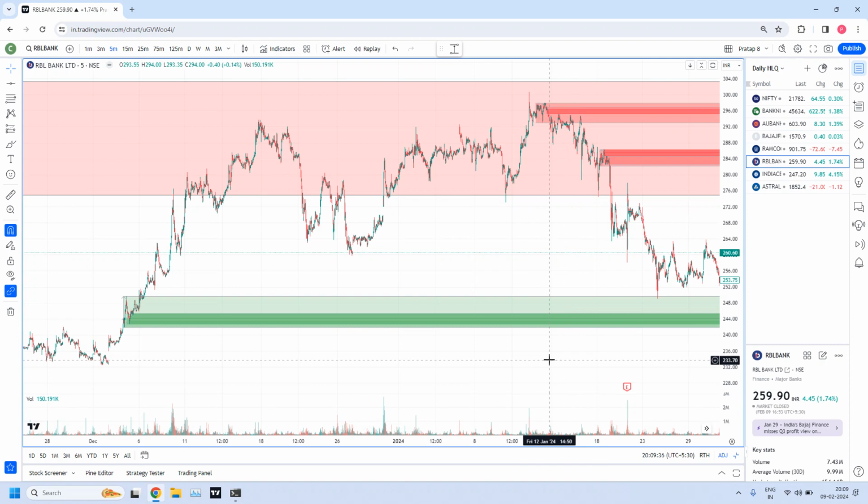If you are buying some 10 lots or 15 lots or 20 lots in futures, at that time position sizing is possible. If you are trading just one lot or two lots, position sizing is not possible in futures trades.